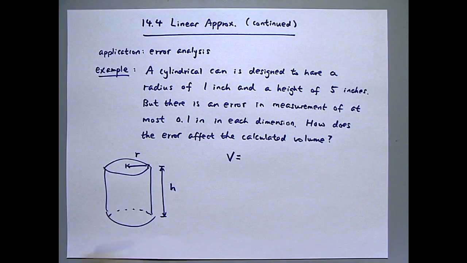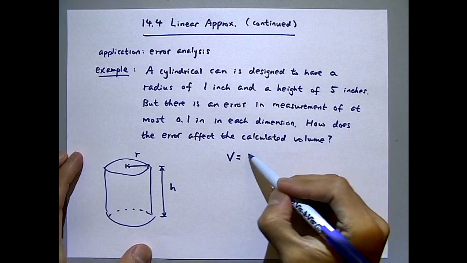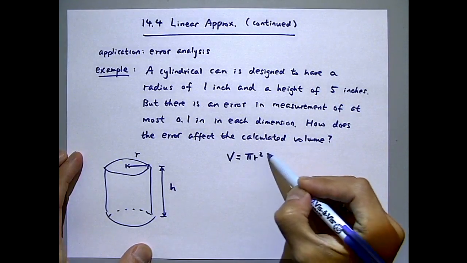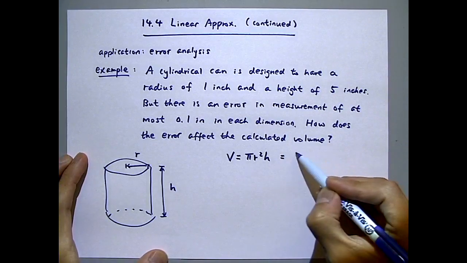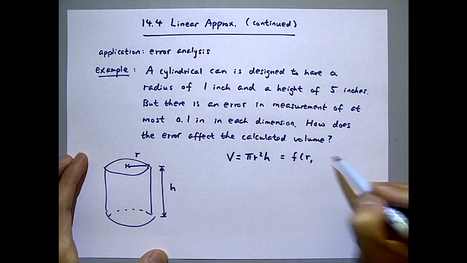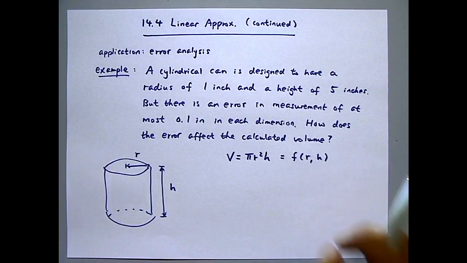Yes, the base area times the height, right? Pi r squared h. This is one of those basic shapes that you should know. More exotic shapes, we don't expect you to memorize, but the basic stuff like a cube, like a box, like a cylindrical can, that's the kind of thing we expect you to know. Notice this is a function of two variables, r and h, right?